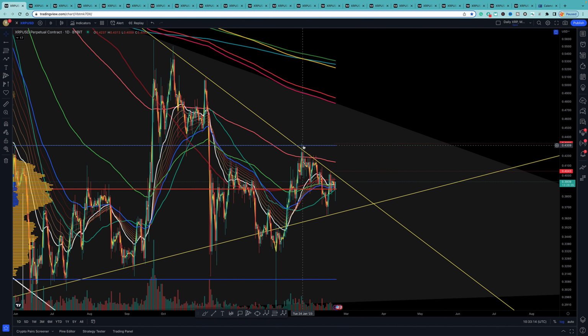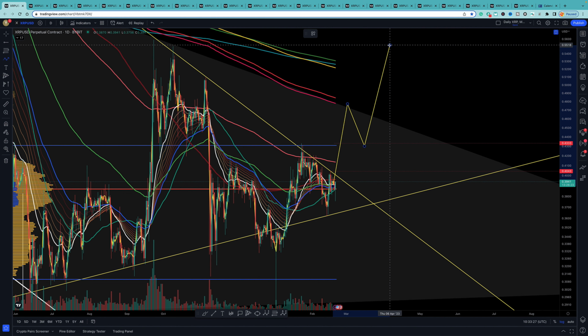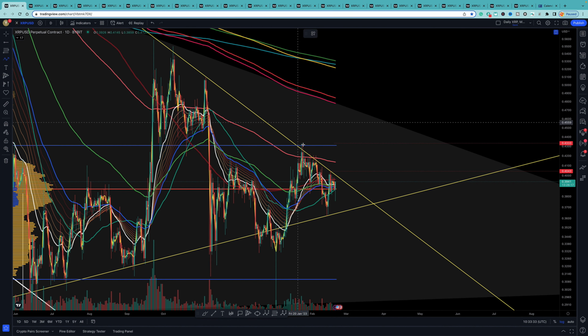And even then, what we want to see is a break above the volume resistance here, a back test, and then a pump up. So it could even be those series of steps where you get this slow gradual lift.